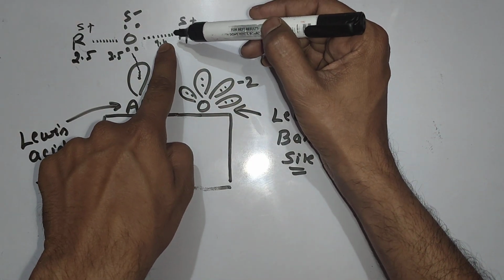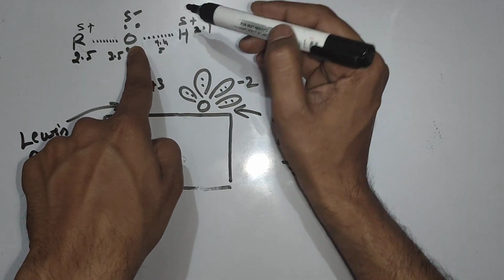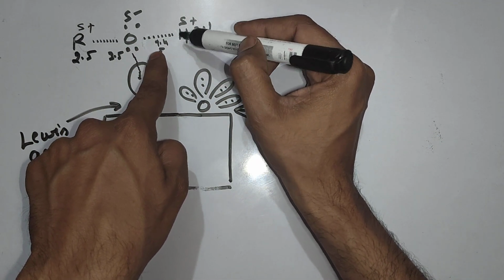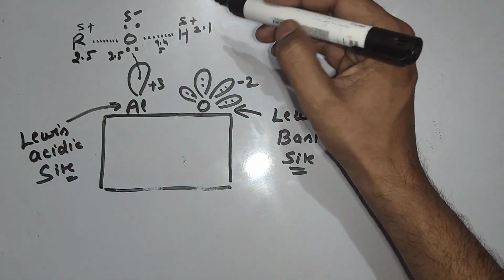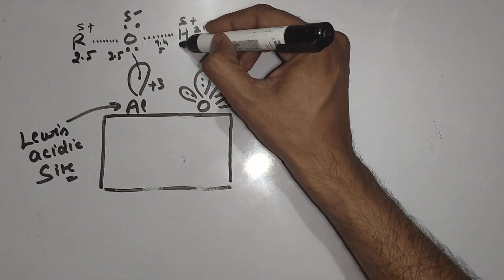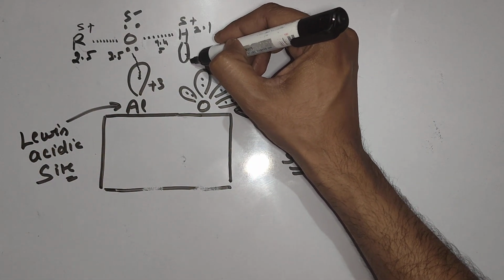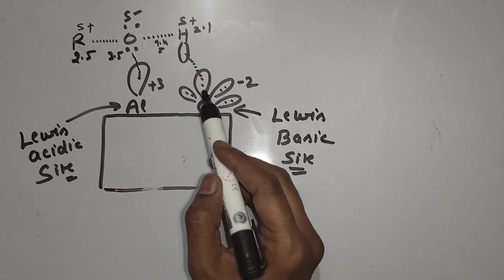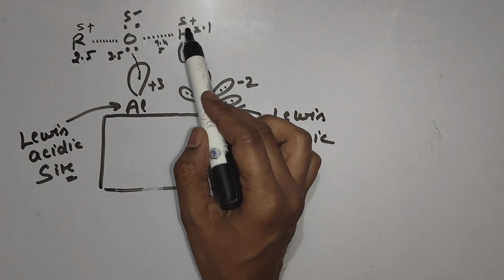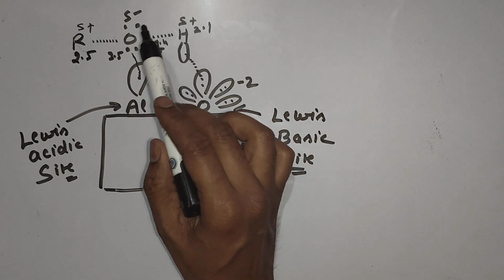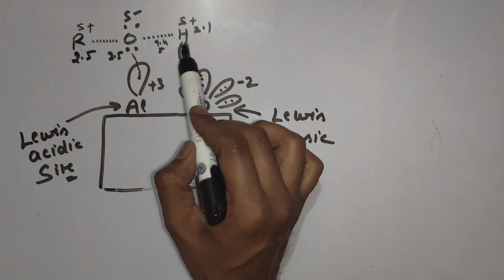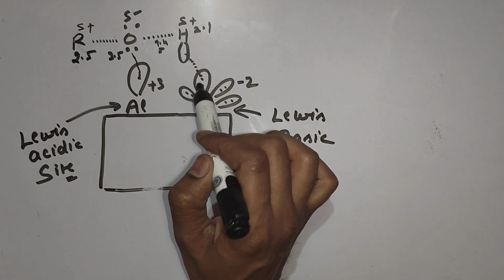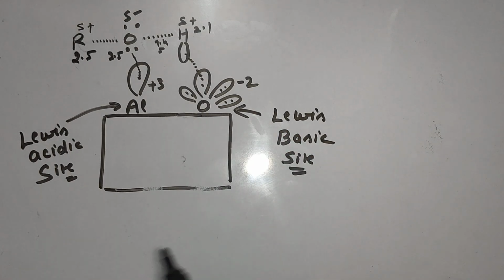Because hydrogen is losing hold on its electron, don't you think a vacant orbital will start to be generated around hydrogen? That vacant orbital will start interacting with the oxide like this, because this oxide has a lone pair. That vacant orbital will start combining with this lone pair of oxygen.